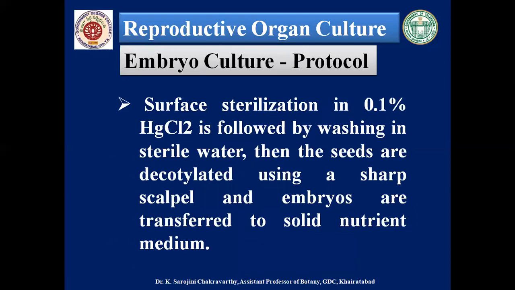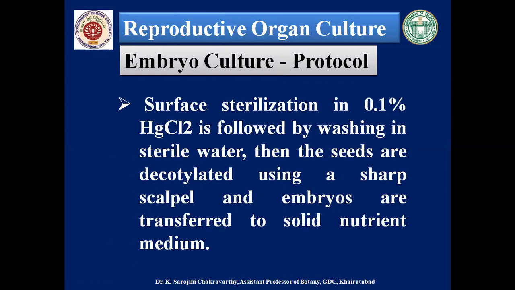Then surface sterilize them with 0.1% mercuric chloride, followed by continuous washing with sterile distilled water three to four times. Then the seeds are decotylated using a sharp scalpel, and the embryos are transferred to solid nutrient medium. This is the case when we are taking fresh seeds, dry seeds, or imbibed seeds.